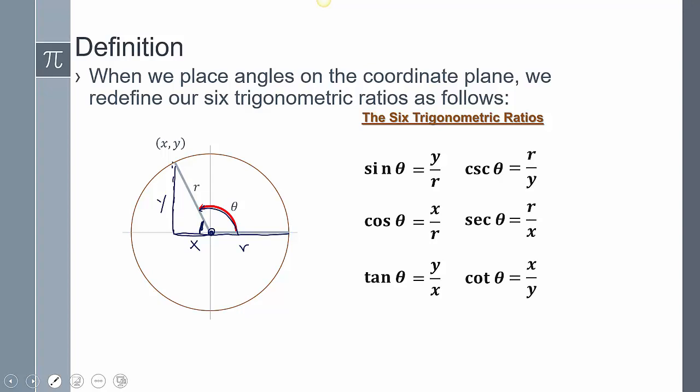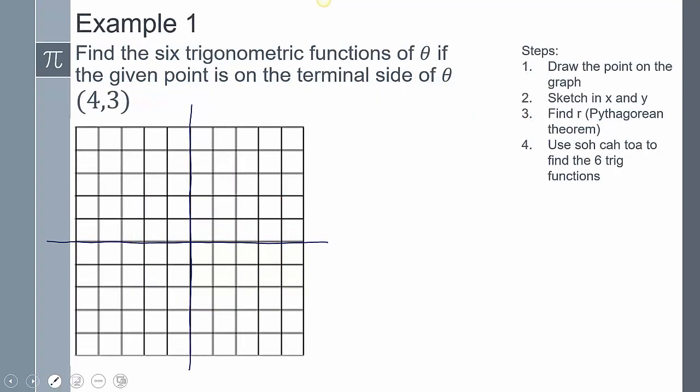To find r, it's just the Pythagorean theorem: a squared plus b squared equals r squared. Then you square root both sides, and you get this formula right here. Now the point of this is, notice your sine value relates to y. Your cosine value relates to x.